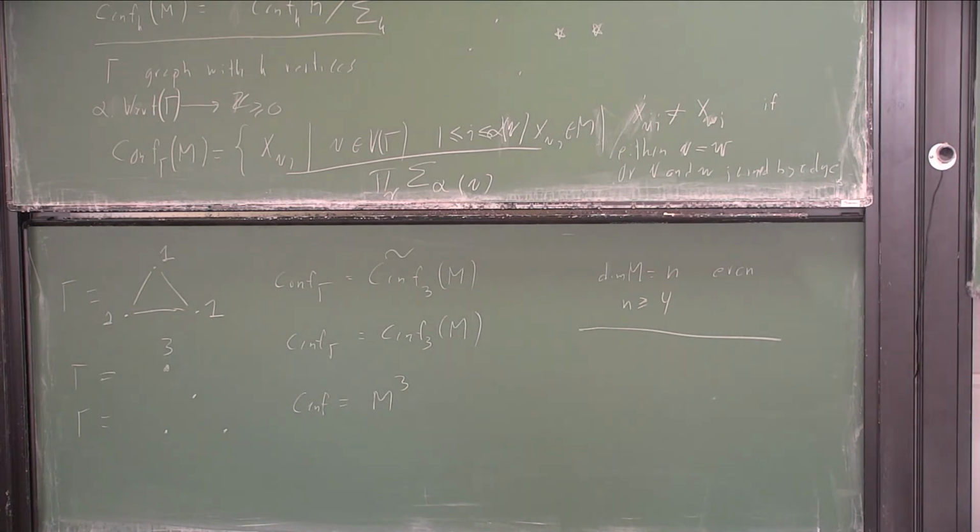So now there's a special case where you take M to be R^n. So now you have points in R^n, and if you consider the ordered configuration space, you can organize this into an operad.